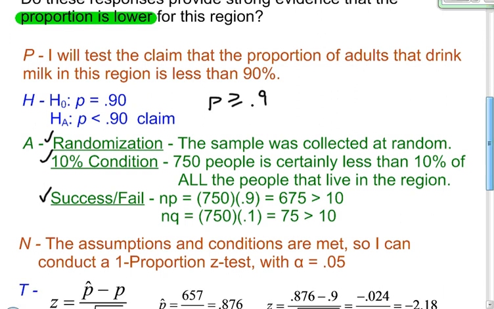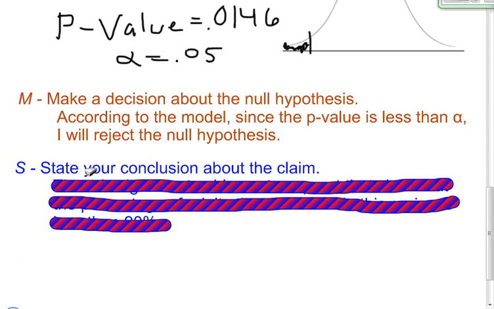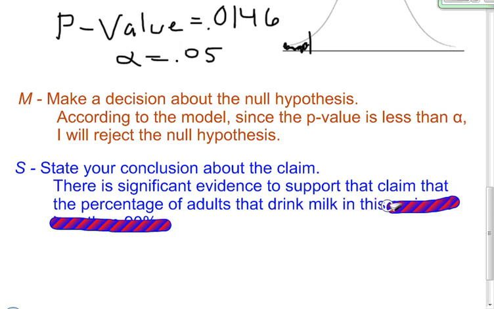So let's go back down to the very end. And S in PHANTOMS stands for state your conclusion about the claim. So since I'm rejecting the null hypothesis, I would say this. There is significant evidence to support the claim that the percentage of adults that drink milk in this region is less than 90%.